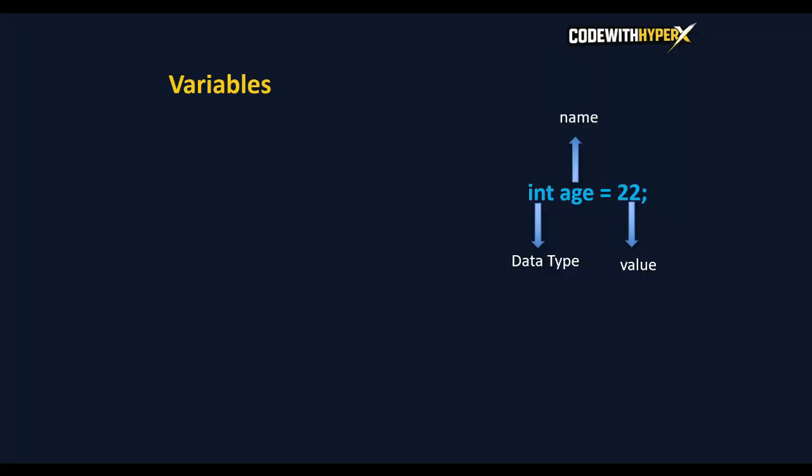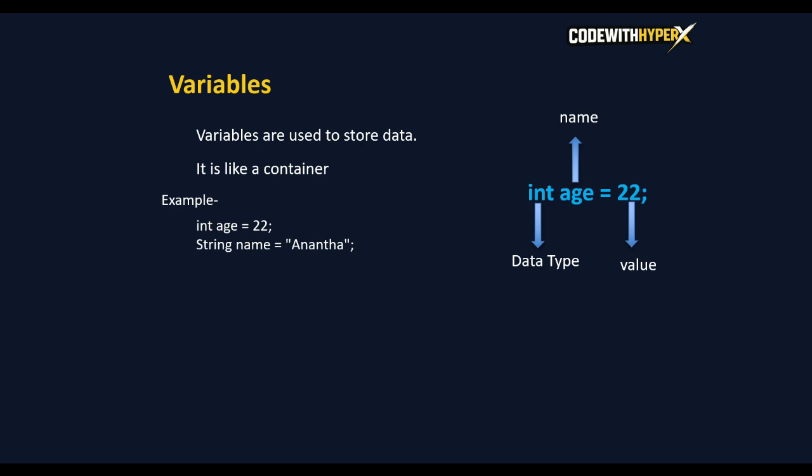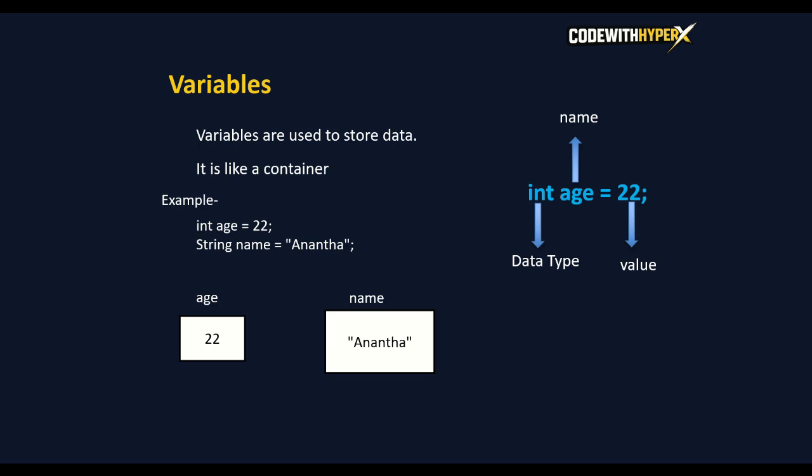Let's start with variables. Variables are used to store the data we have. It is like a container. We store simple data. Let's see an example: int age = 22. int is the data type for the particular value, and age is the name you have given to it.